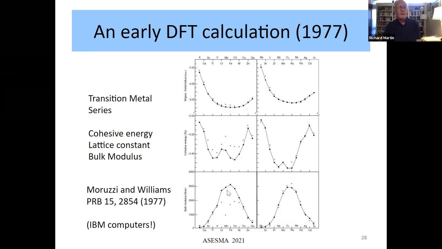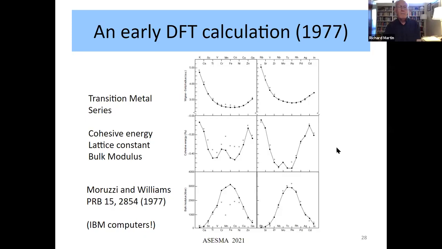The other properties shown here, the bulk modulus and the cohesive energy, are more difficult to calculate, and more sensitive, and so they don't agree as well. But they already show the basic features, and improved calculations later are somewhat better. But this set it up that this is a useful method.